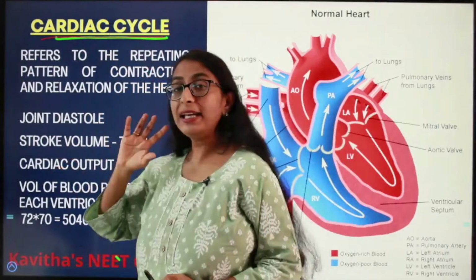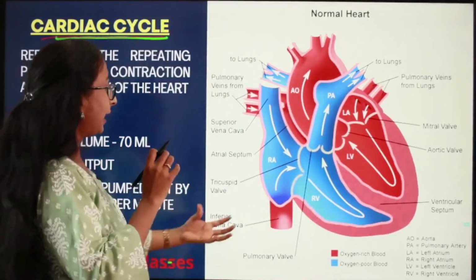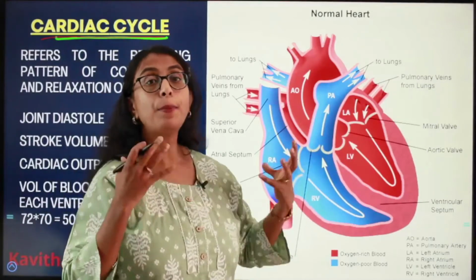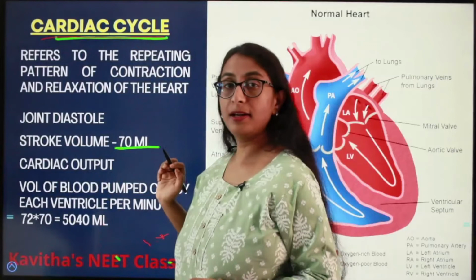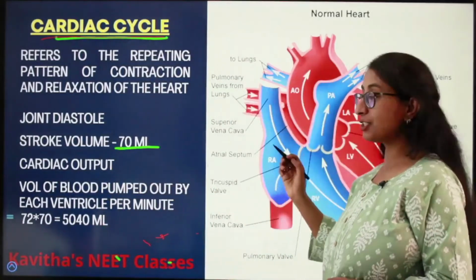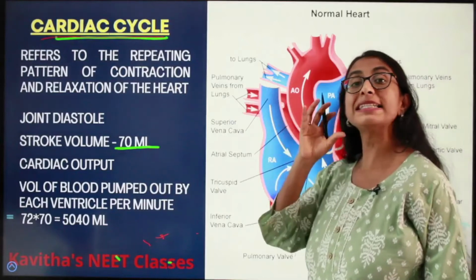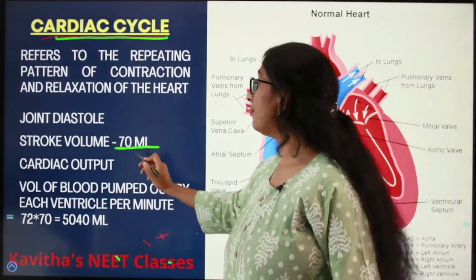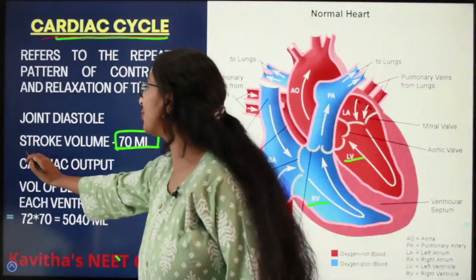Now, every single time, the ventricles pump approximately 70 ml of blood. Okay, that is both the ventricles together, that is the right ventricle and the left ventricle. During a single contraction, they pump around 70 ml of blood, and this is called the stroke volume.